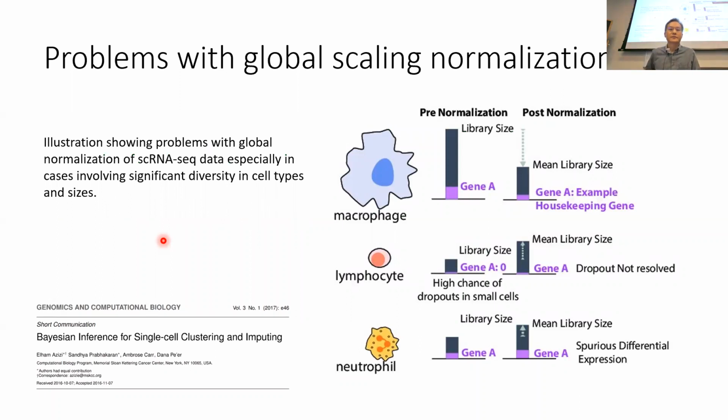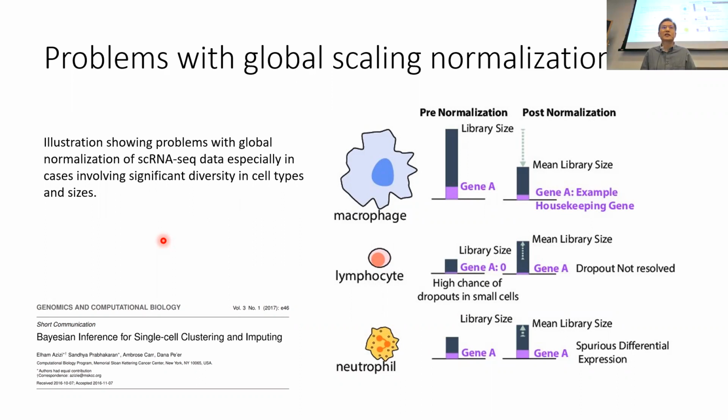So this technology is called global scaling normalization. There's a problem. It's blended from the real cell types, right? So you have macrophages in this case, and lymphocytes, neutrophils. Macrophages are normally larger, and their library size is supposed to be greater than the other cell types.